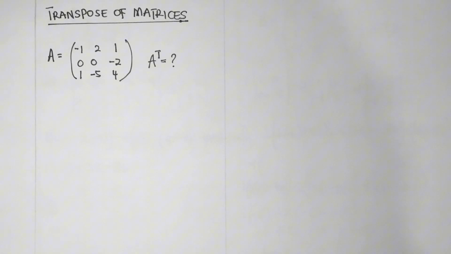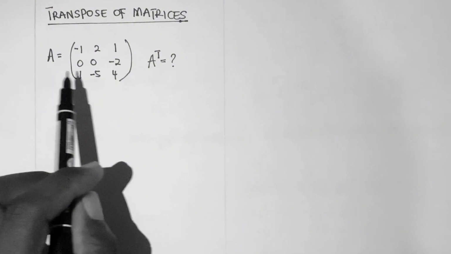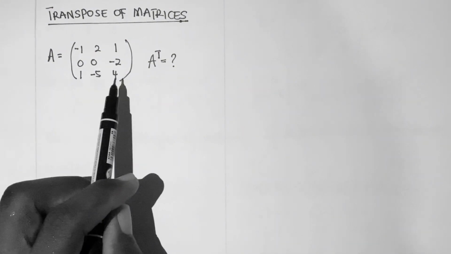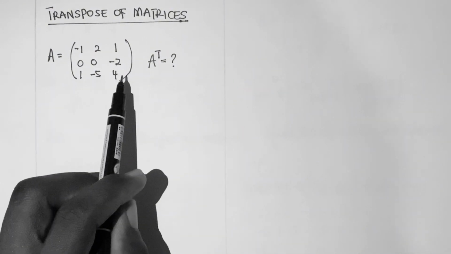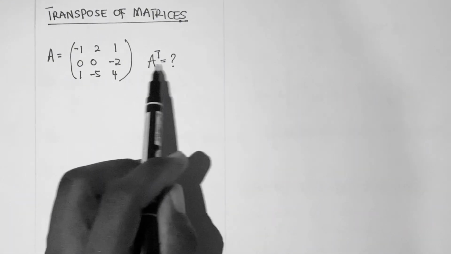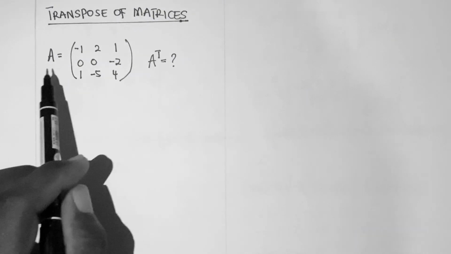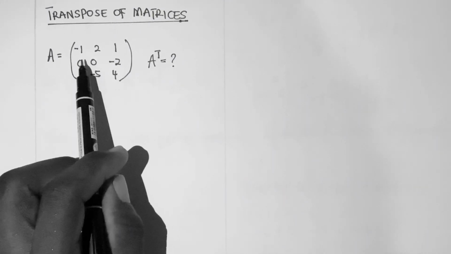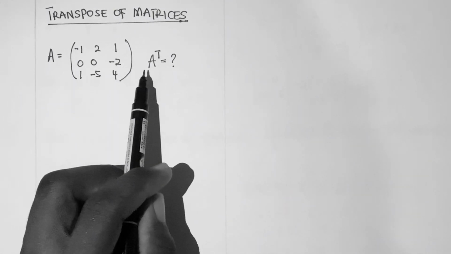Now let's talk about the transpose of matrices. So we are given this matrix A, which is equal to minus 1, 2, and 1, 0, 0, minus 2, and then 1, minus 5, and 4. We are supposed to find the transpose of A. We can find the transpose of A by turning all the rows of A into columns.